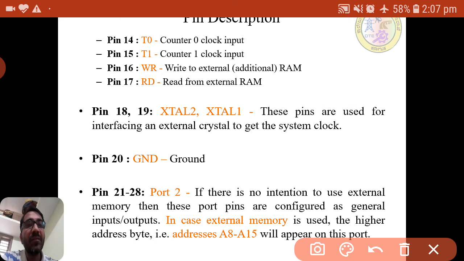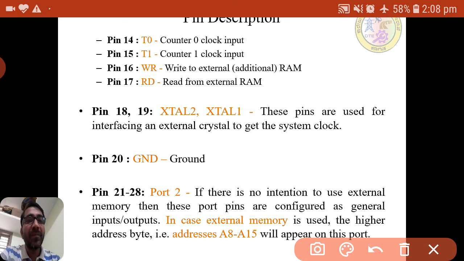Okay, the next, pin number 20, is ground, which is a necessity, since both power supply and ground are required. Then pins 21 to 28 are port 2. If you are not connecting any external memory, it will be used as normal inputs and outputs.